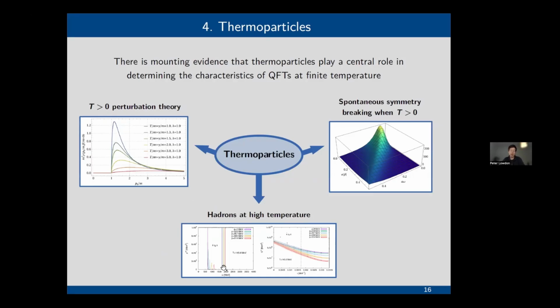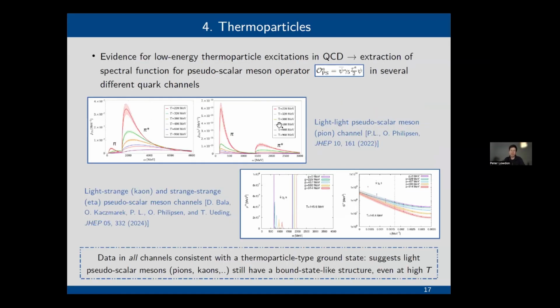And I'll also mention the study of hadrons in QCD at high temperatures. This is something that we've looked at. So in short, thermoparticles seem to play a role in lots of different contexts in finite temperature QFT.